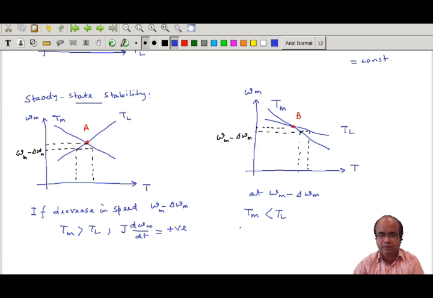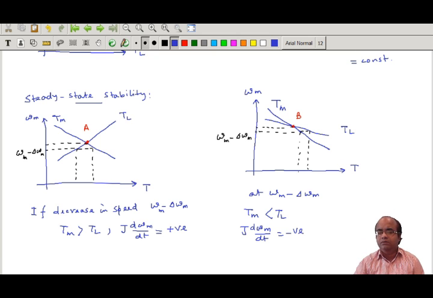That becomes J d omega m by dt negative, and the motor decelerates. That is, the speed will keep decreasing.